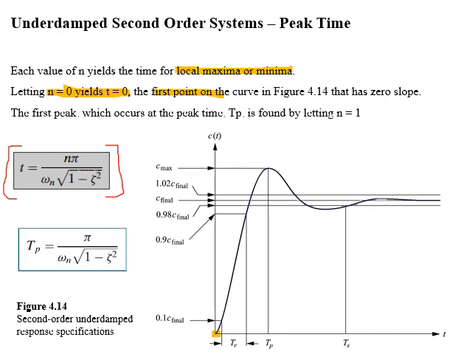First peak, which is peak time, is found by letting n equals 1, and its relation will be peak time equals pi divided by natural frequency omega n multiplied by square root of 1 minus zeta square.